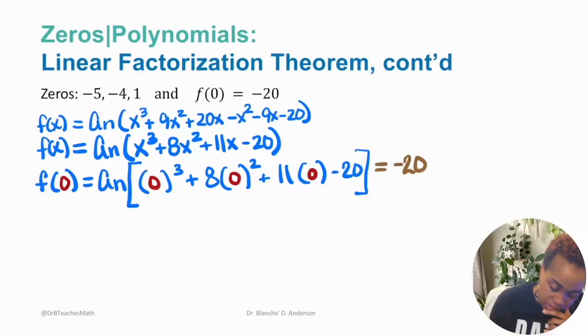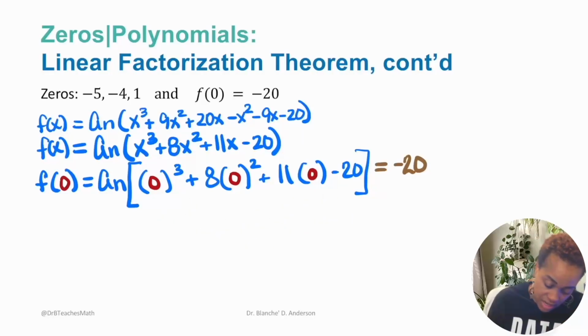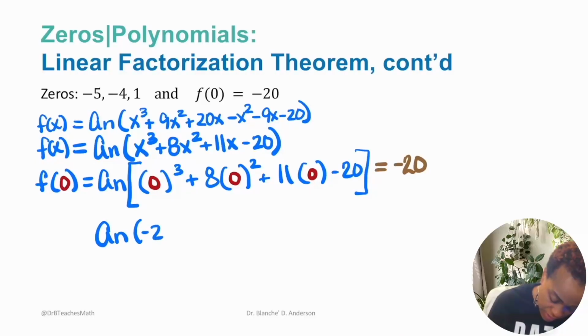Okay, so then let's do the math. That's going to be 0, right? That's going to be 0, and that's going to be 0. So we really have 0 plus 0 plus 0 minus 20. Well, that's going to be minus 20. So we have a sub n times negative 20 equals negative 20, right?